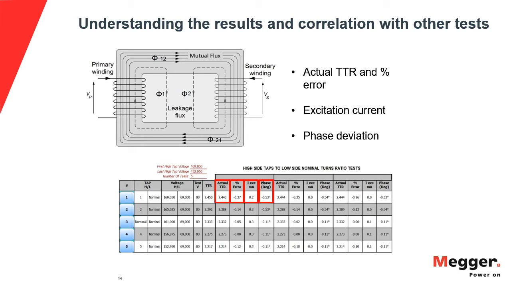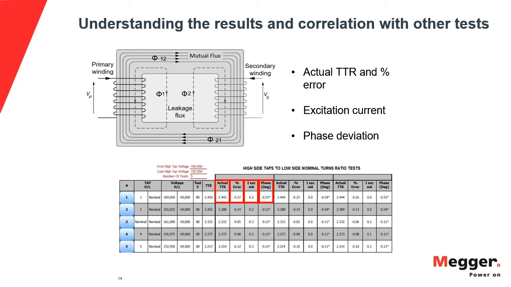Obviously, we don't do a TTR at that voltage, so the actual excitation current will be different because we are using a different voltage. But we can actually compare the pattern.